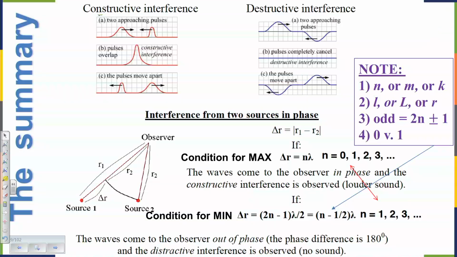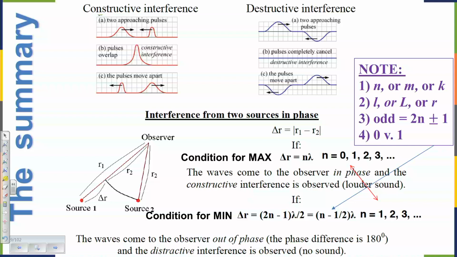And this is the summary. What should we keep in mind? Well, a whole number, which we use to count things. People use a letter M or N or even K. Doesn't matter what letter we use for counting things. We need to remember what it represents. And it represents slightly different things.